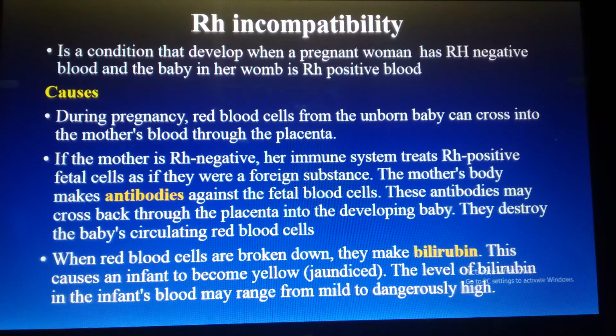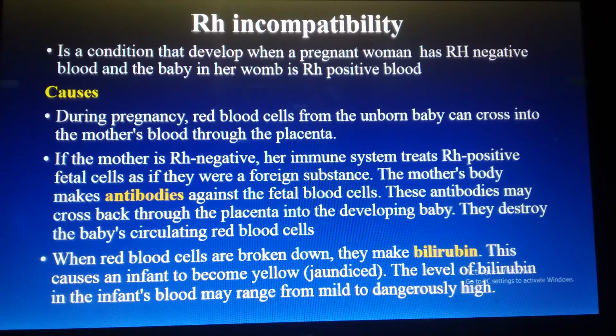In another case, many bilirubins are produced as a breakdown of the red blood cells. Then if the child is born, the child will be yellow, meaning with jaundice.